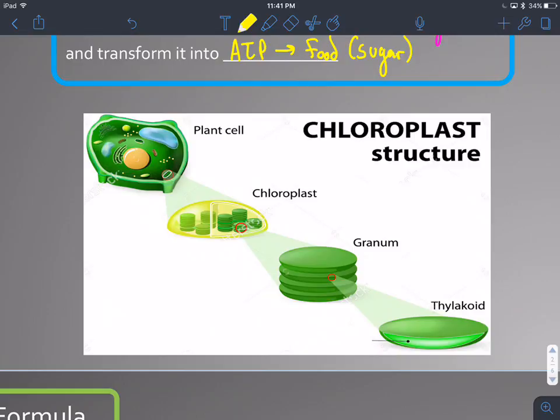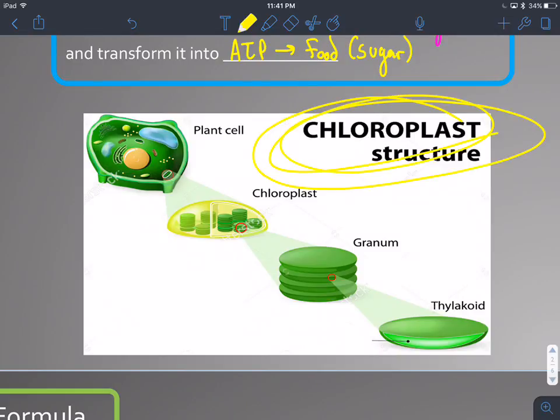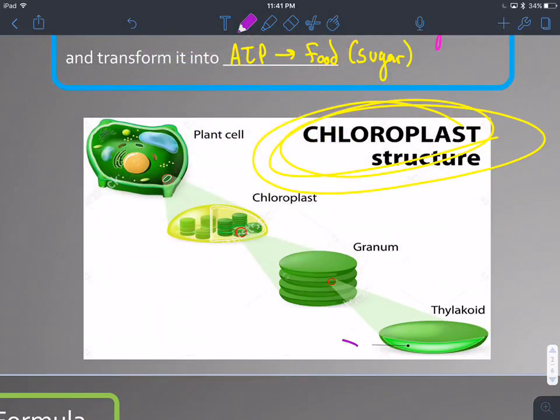And then last but not least, we just have here is the chloroplast structure. And I want us to remember that going in this direction, we're going from smallest, the little thylakoids, to largest, the plant cell. Right?